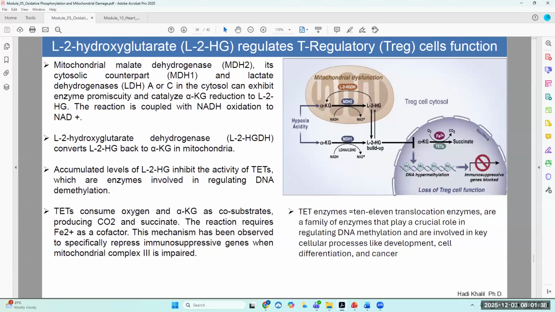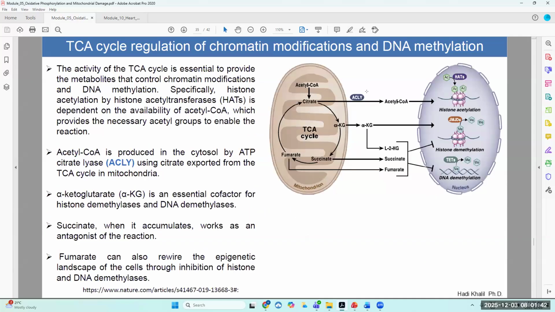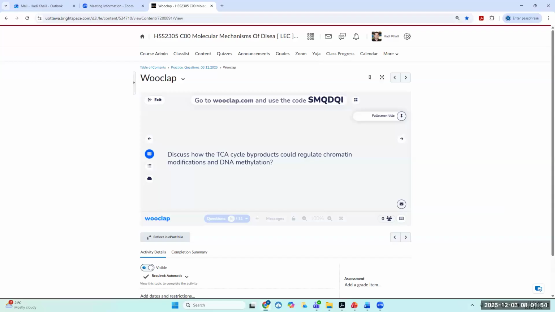If you say, for example, the generation of L2HG, or if you describe the acetyl group being a cofactor, or the alpha ketoglutarate. But that is a very, very difficult question, to be honest. I'm just showing you that the question could be in different formats.